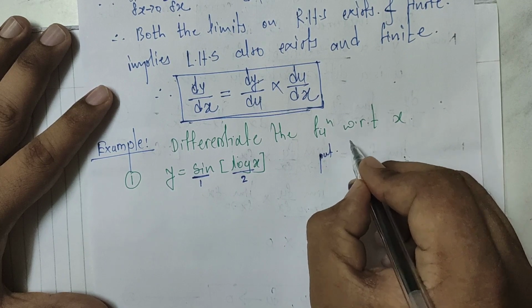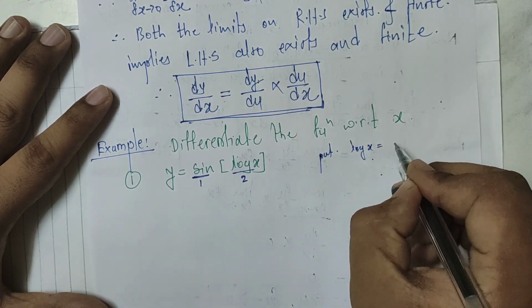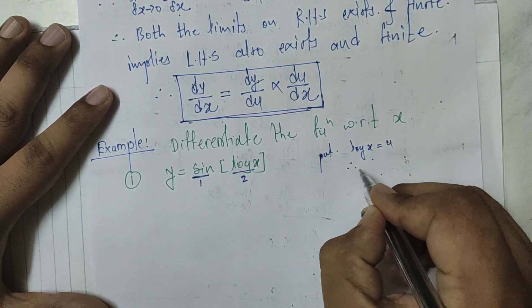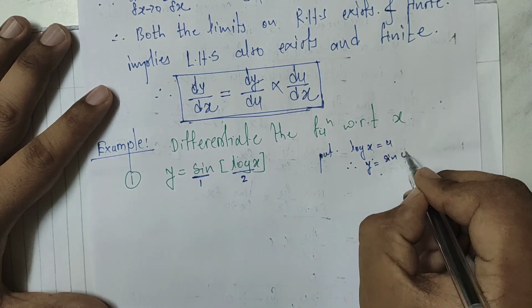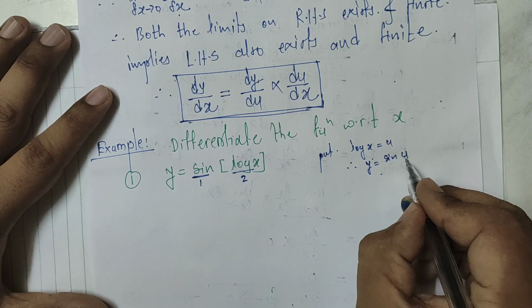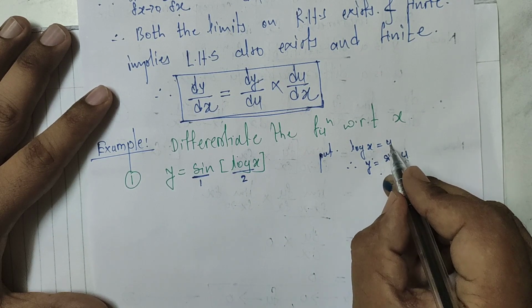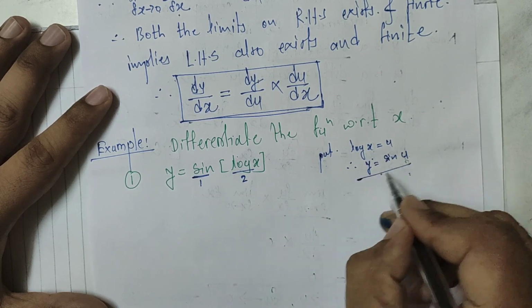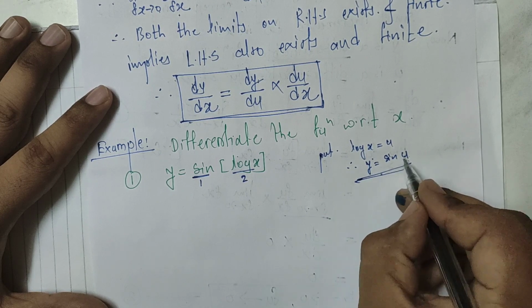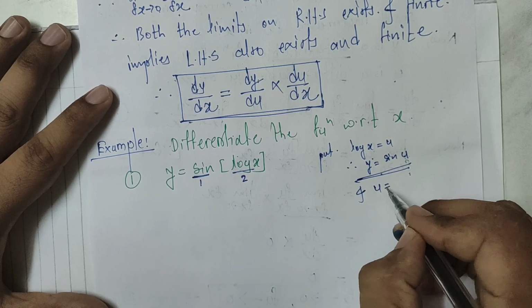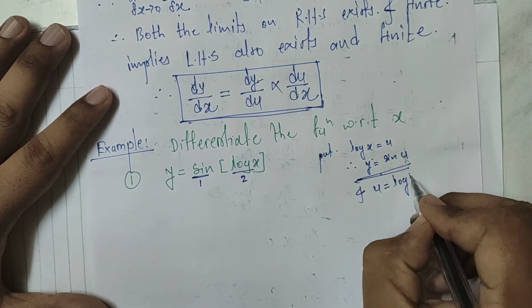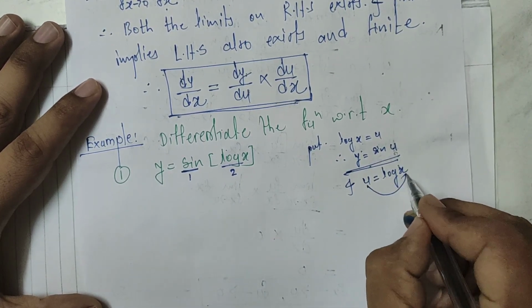So that's why we put log x is equal to u. Therefore y becomes just sine u. Y is equal to sine u. What is meant by u? U means log x. Therefore y becomes sine u in u form, and u is equal to log x in x form.